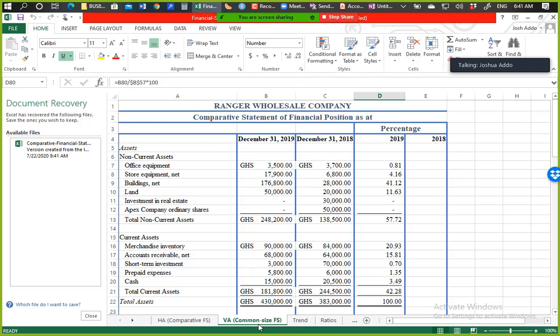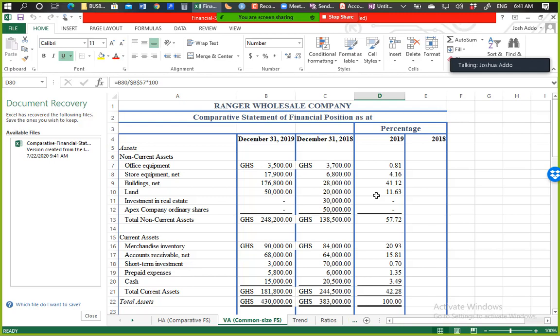For example, if we are preparing vertical analysis for the balance sheet, what we do is we scale all the other values with reference to the total assets. And that's what we did here. So office equipment is 0.81% of total assets. This is this percent of total assets, and so on and so forth.